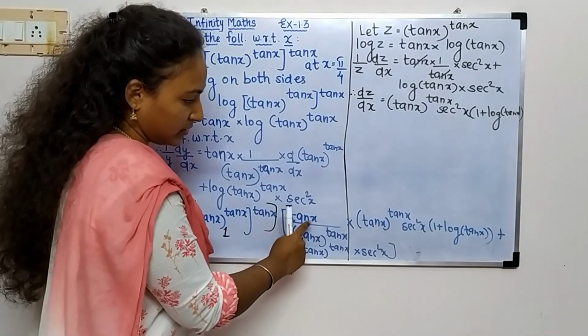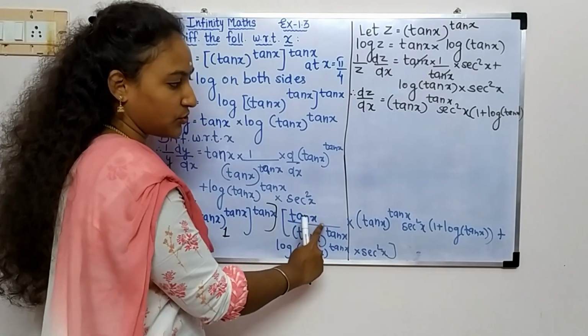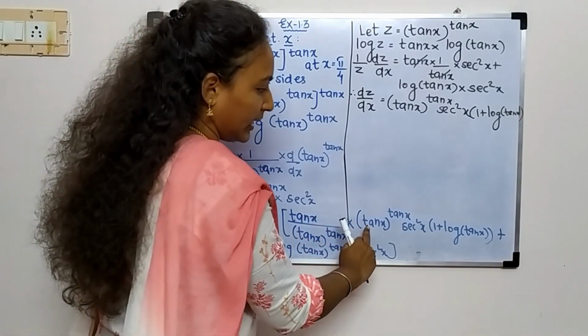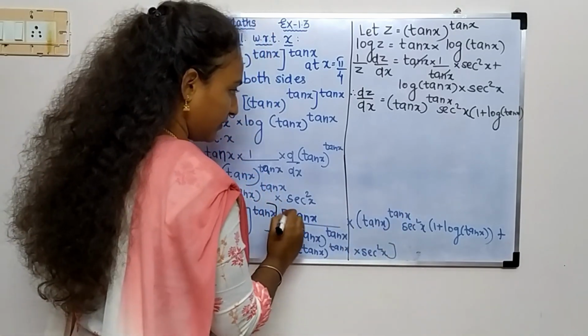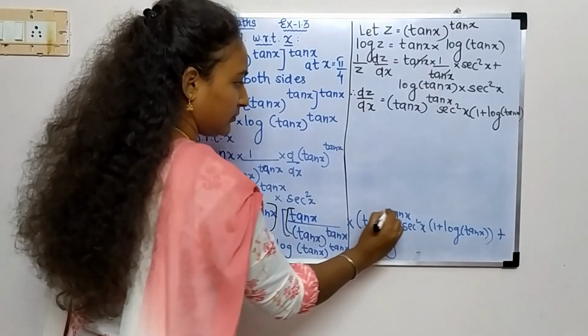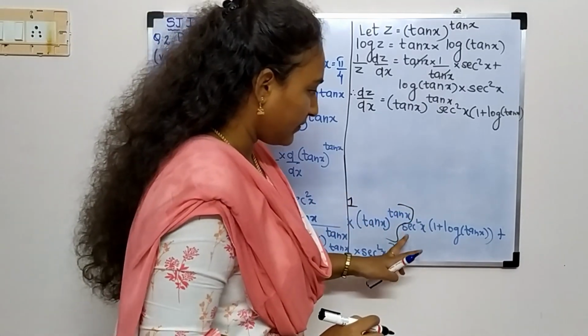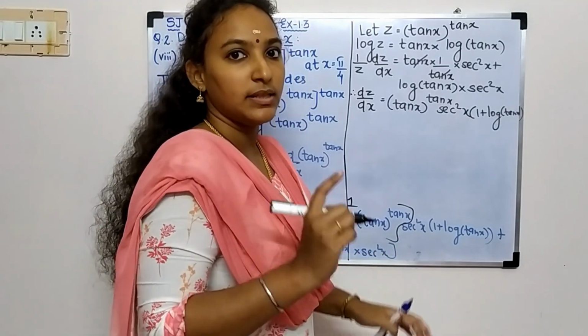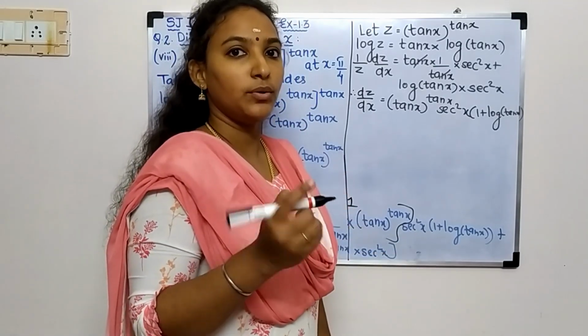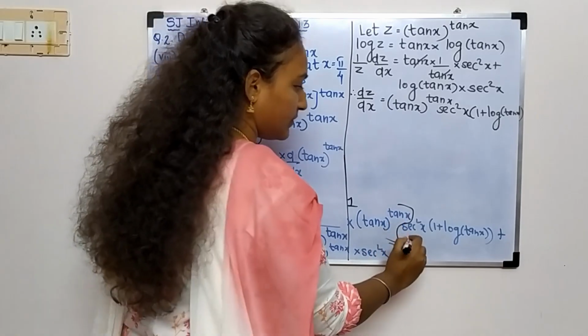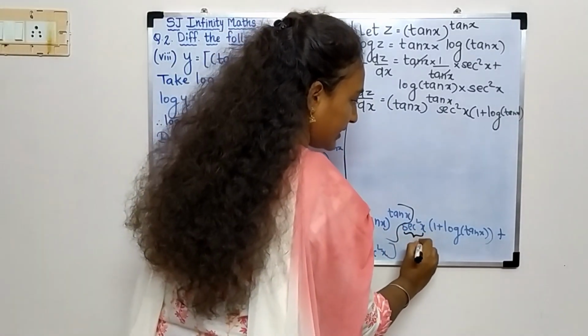Similarly, this is 1 upon 1 raised to 1, which will be 1. And tan x raised to tan x will be 1, so this part is also 1. And we have sec square x. Sec x is root 2 at pi by 4, so this will be root 2 whole square, that is 2.